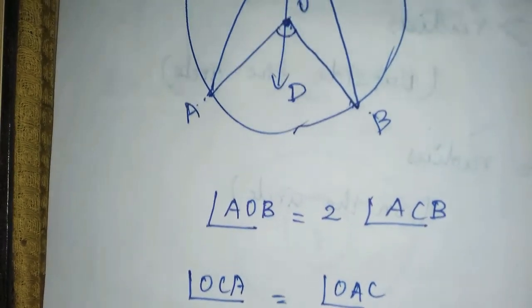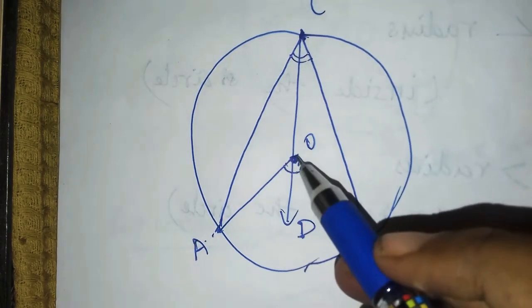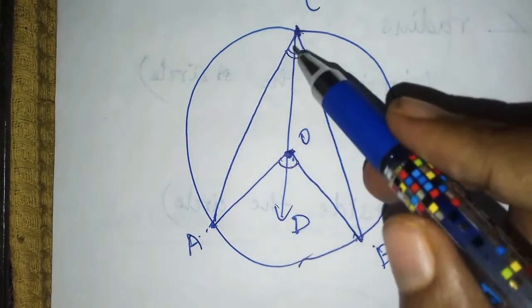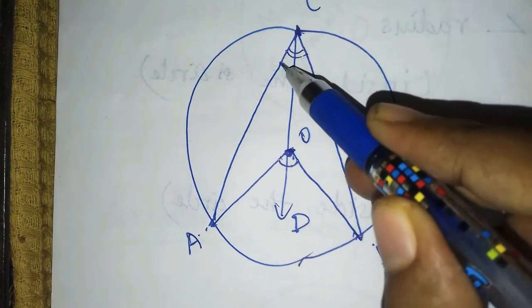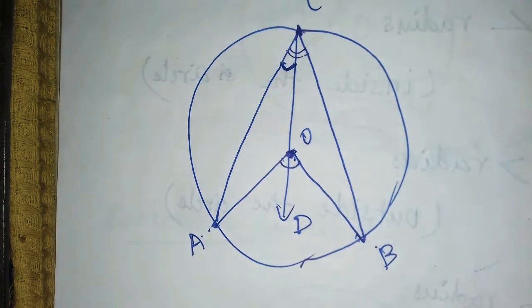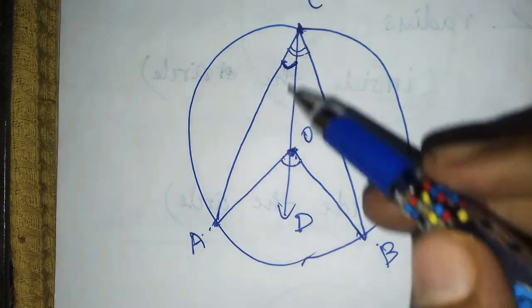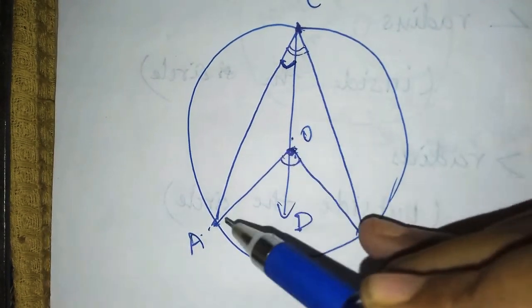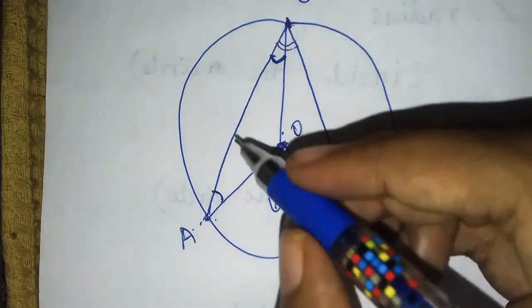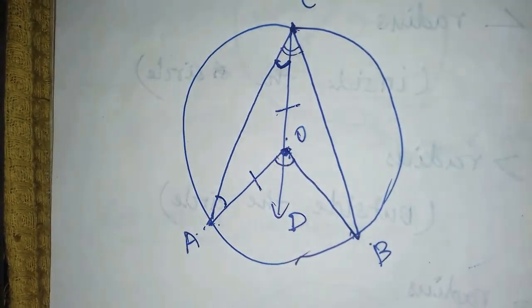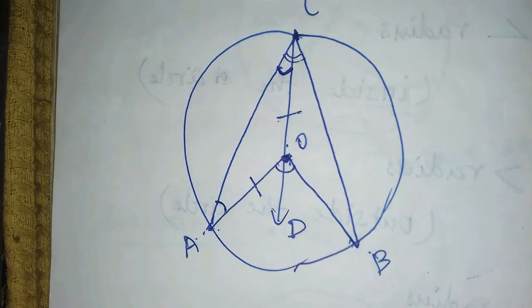How am I saying these two angles are equal? Angle OCA, this angle, and OAC, this angle will be equal. Why are these two angles equal? These two sides are equal. How am I saying these two sides are equal?